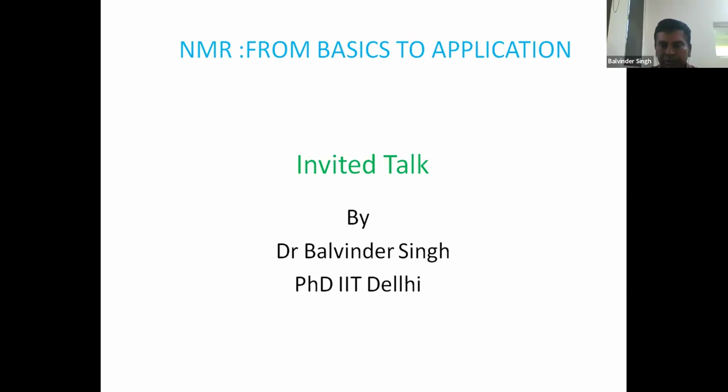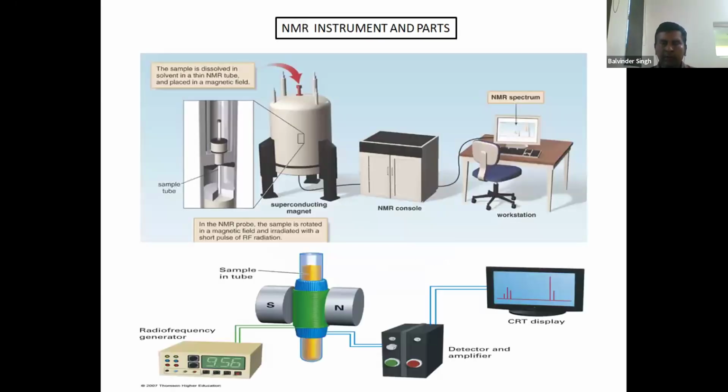So NMR, we will do some basics regarding this, and then move forward. In NMR, we use this setup. This is the way in which we store our NMR magnet, and this is the big cylindrical, missile-like structure.